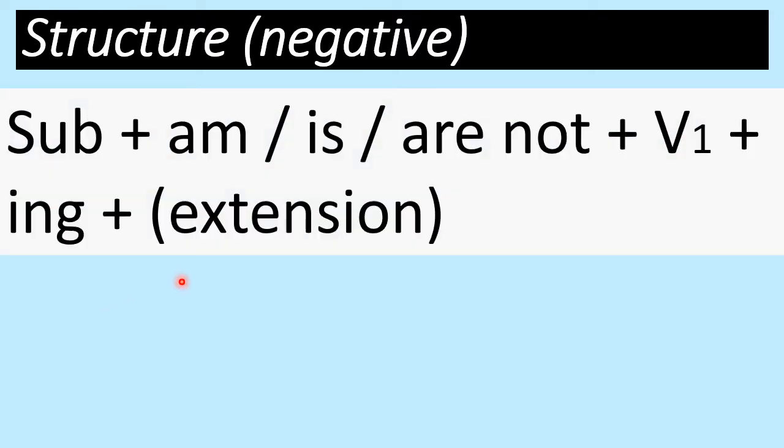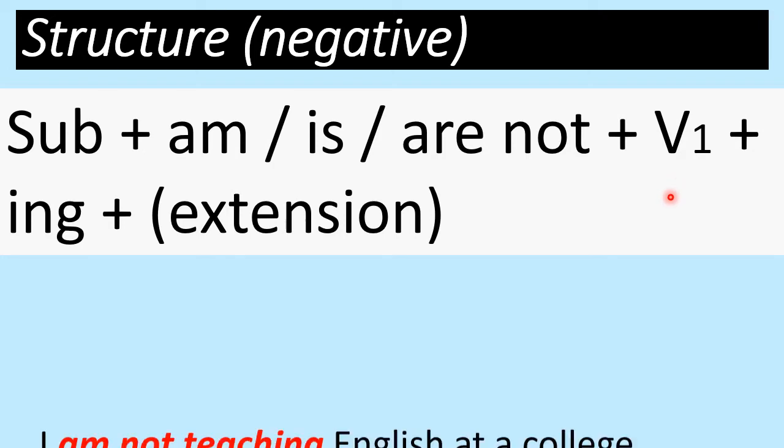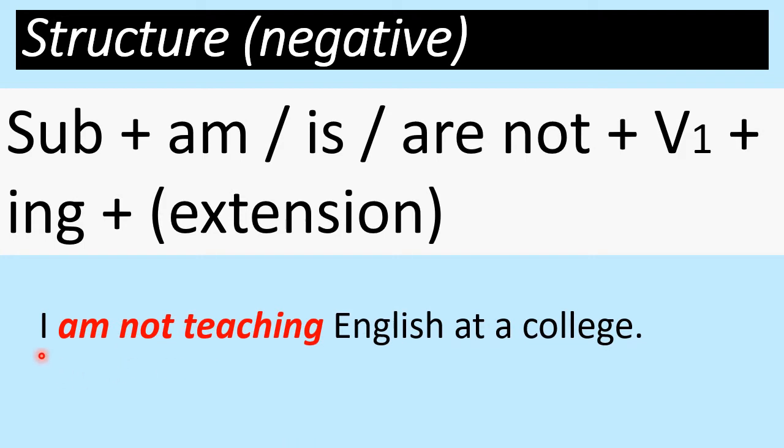Okay, let's have a look at the negative structure. It starts with subject plus am, is, are not. The auxiliary verb plus not plus v1, the base form plus ing plus extension if needed. Look at the examples.